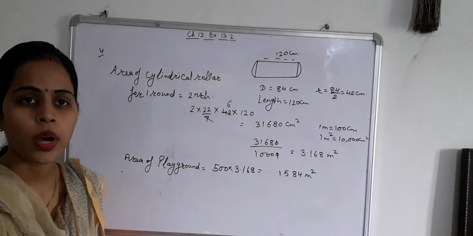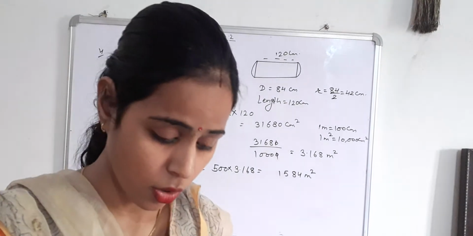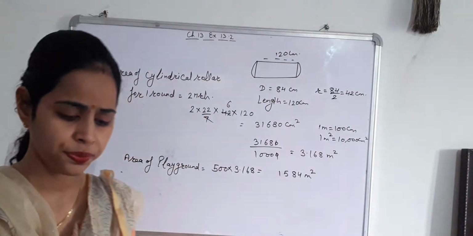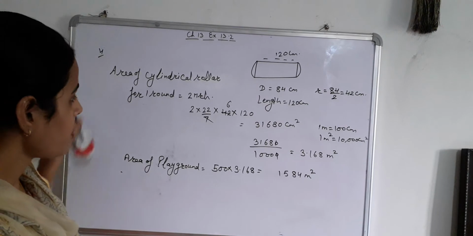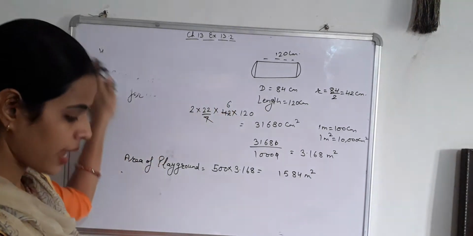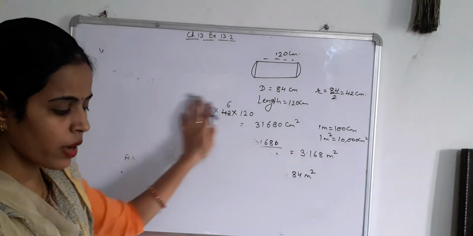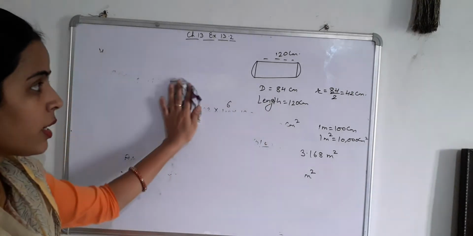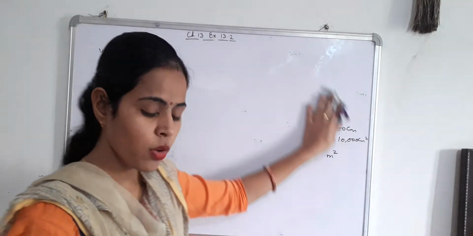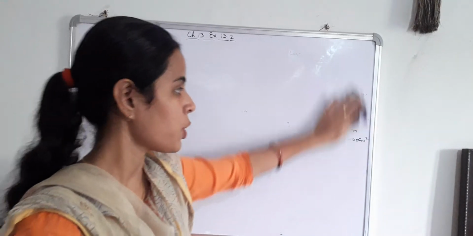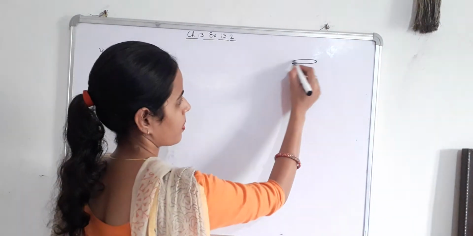Now we are going towards question number 5. A cylindrical pillar is 50 centimeter in diameter and 3.5 meter high. Find the cost of painting the covered surface area of the pillar at the rate of rupees 12.50 per meter square.